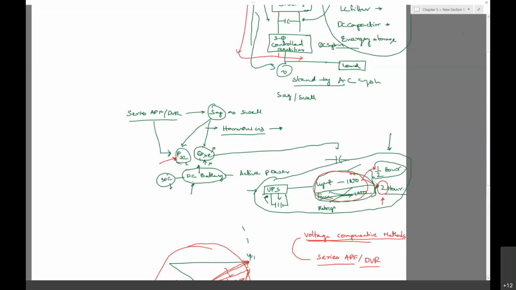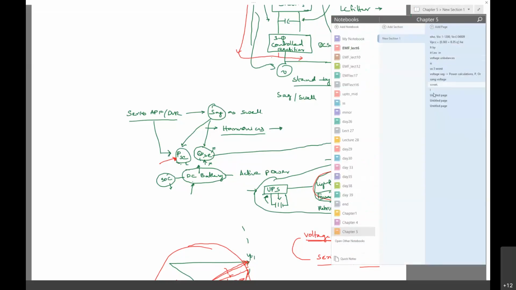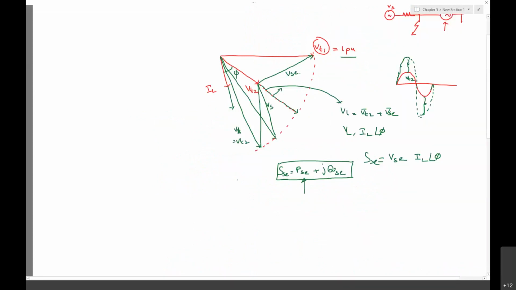Here, in order to support the voltage for a longer duration, they tried to minimize the real power. In order to minimize the real power utilization, that is, the real power injection by the DVR, the real power injected by the DVR is minimized.